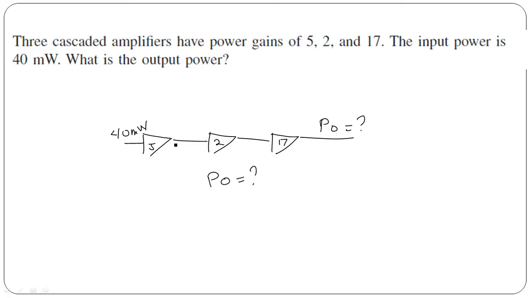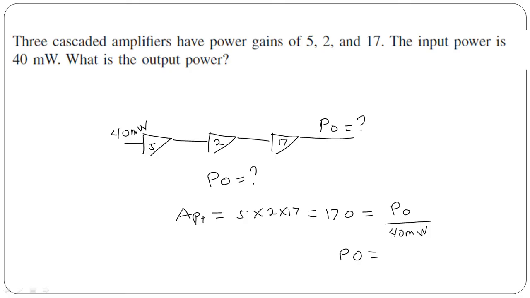So, kunin natin yung total gain. So, APT, total power gain is 5 times 2 times 17. So, I think 5 times 2 times 17 is 170. So, ito ay equal sa power output divided by input power. So, 40 milliwatts. So, power output is 170 times 40 milliwatts.